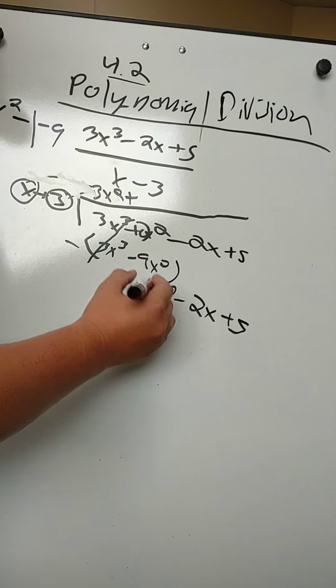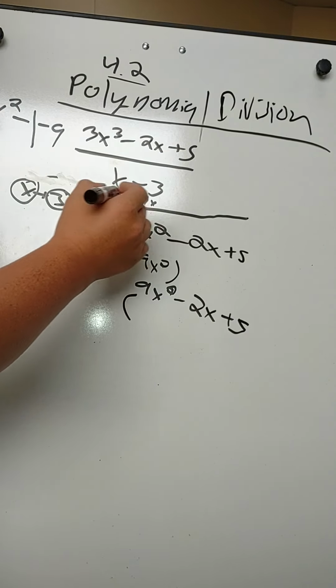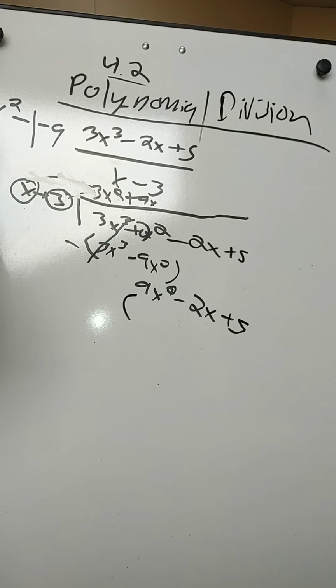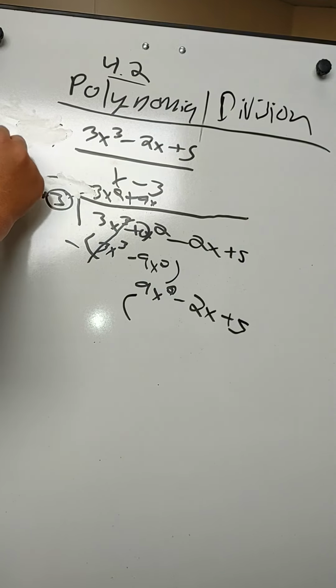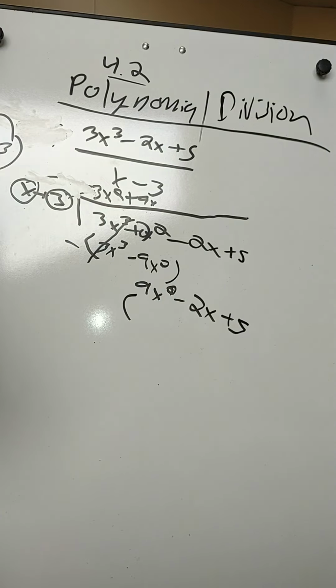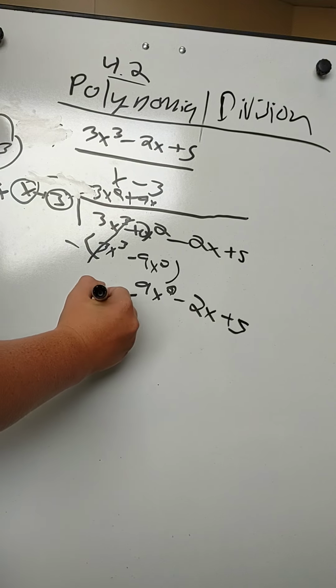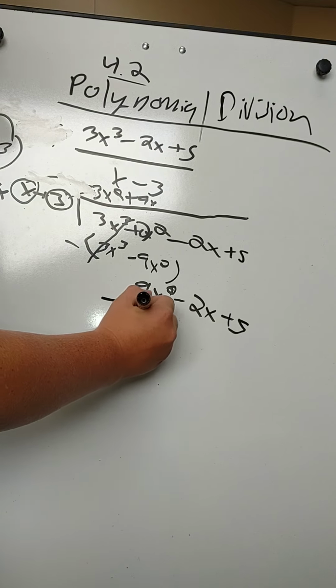So, it's going to be 9x times x minus 3. And we're going to distribute it. And we're going to be left with 9x squared minus 27x. So, put it in our parentheses and subtract it.